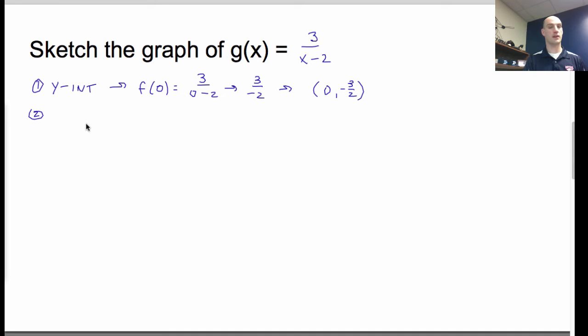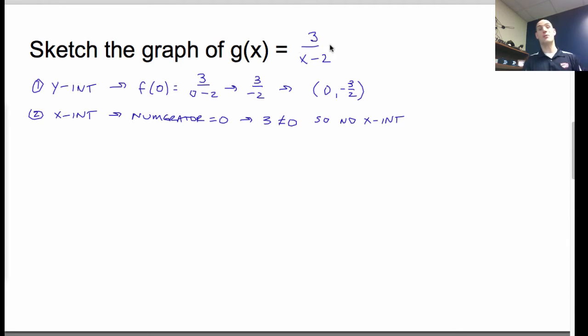Second, I'm going to find the x-intercept, which is where the numerator equals 0. Well, 3 does not ever equal 0, so there's no x-intercept. I can never have that numerator equal to 0, so it can't exist.